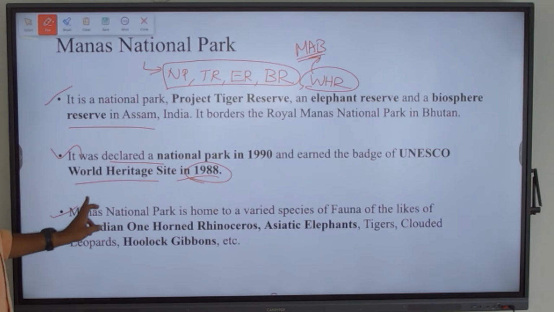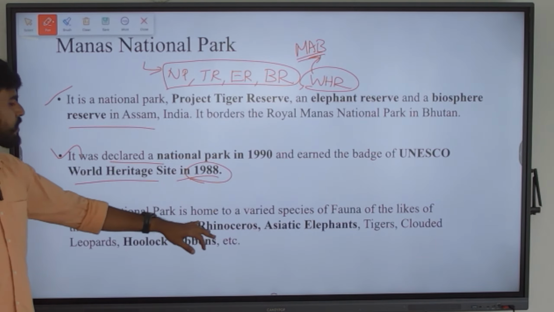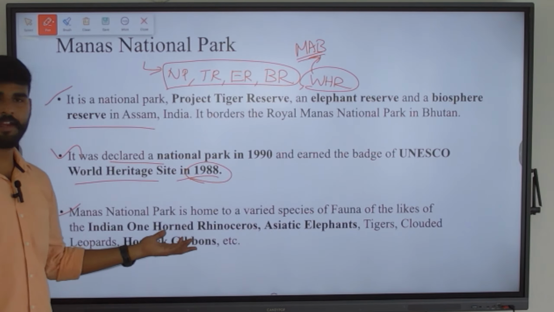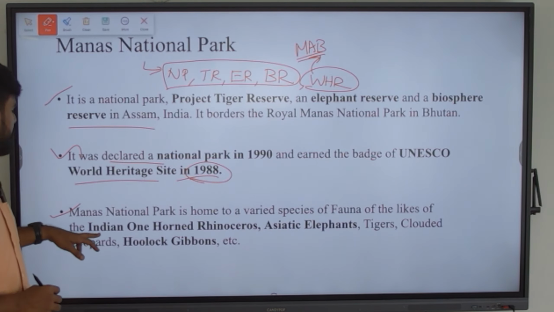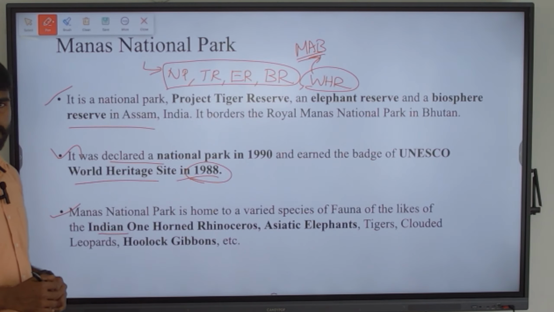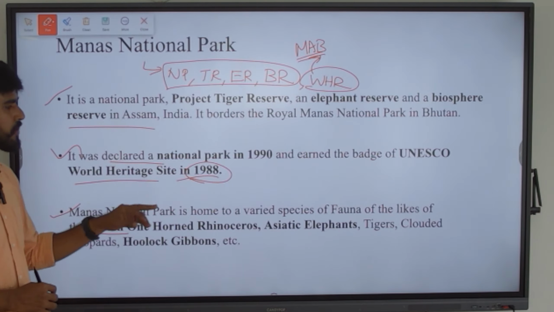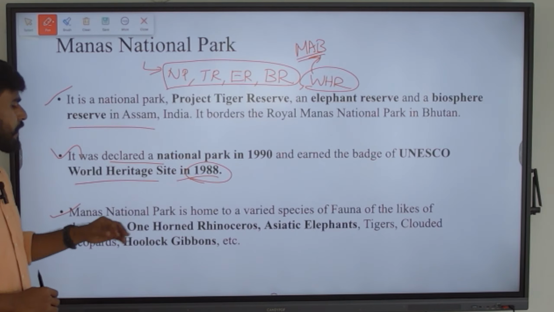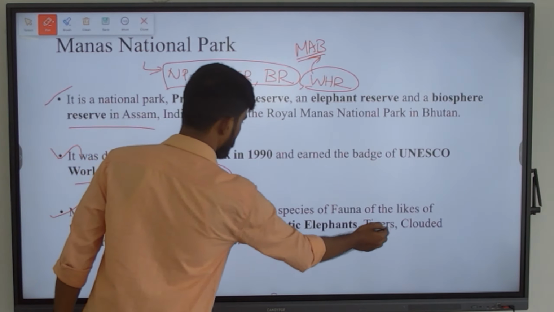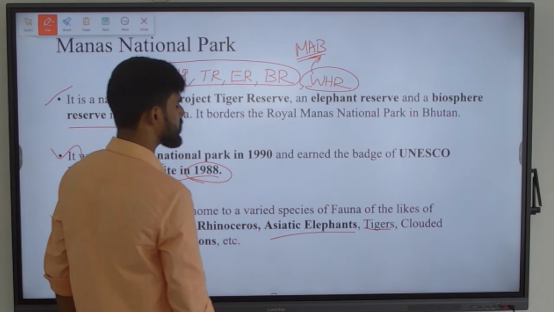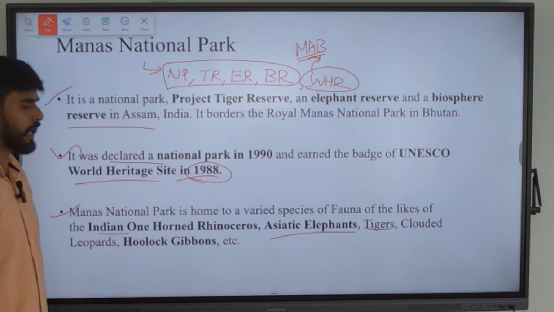Okay, and this national park is home to a variety of species of fauna like one-horned rhinos. Next is Asiatic elephants, tigers, clouded leopards, and hoolock gibbon. Okay, when it is a tiger reserve, obviously tigers will be there. It is an elephant reserve, thus Asiatic elephants will be there in large number.